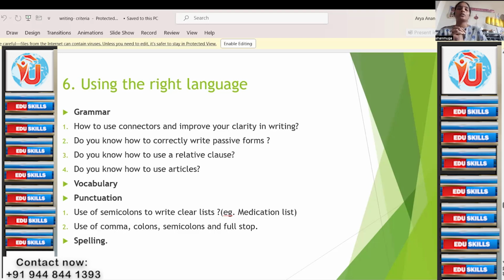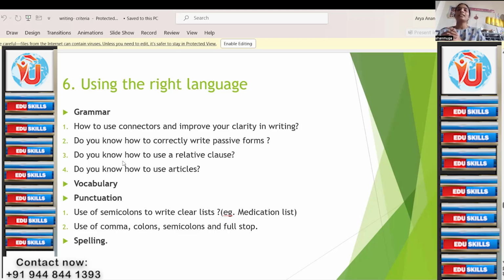And do you know how to use relative clauses? We know complex sentences have a dependent clause and an independent clause. You will have detailed classes about grammar tomorrow, so you can wait for that. Another one is, do you know how to use articles? Yes, articles are also important, because a missing article may confuse the reader.